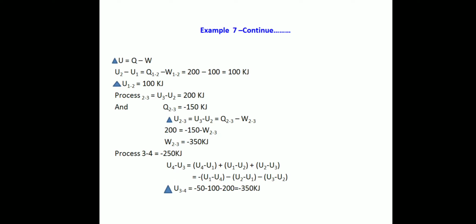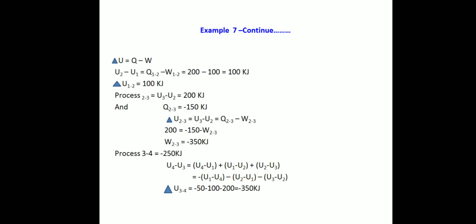See or observe that u4 minus u3. So we have adjusted this u4 minus u3 like that, that is u4 minus u1 plus u1 minus u2 plus u2 minus u3. If you observe this, minus u1 plus u1, minus u2 plus u2.